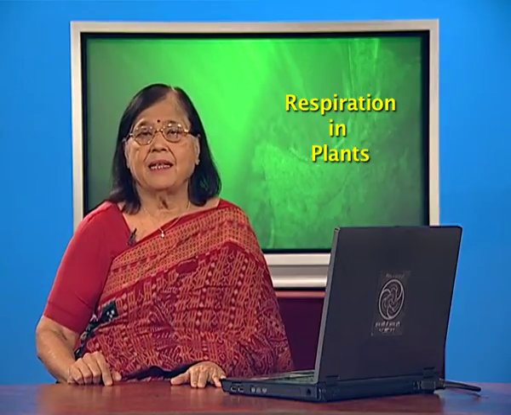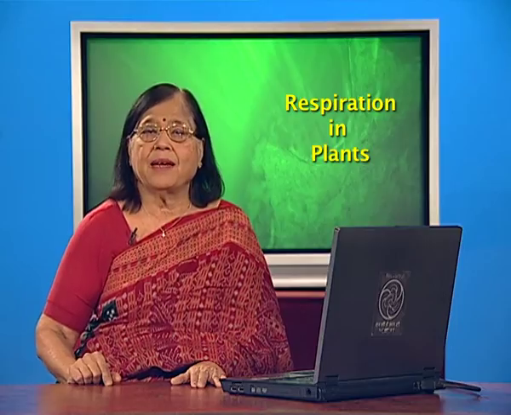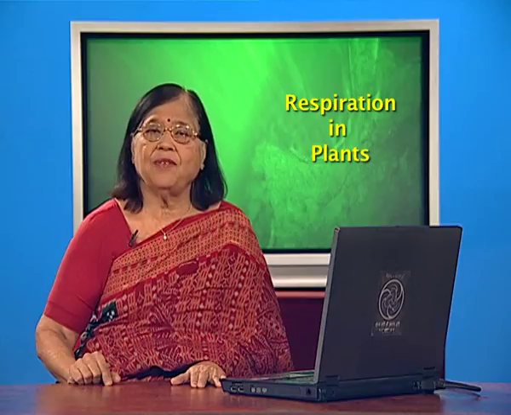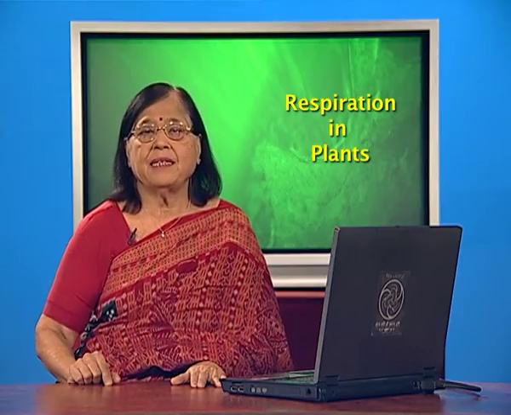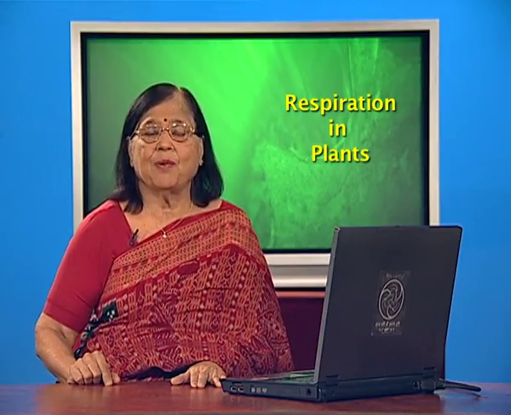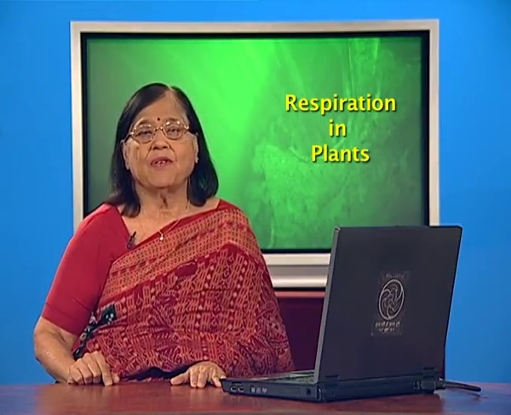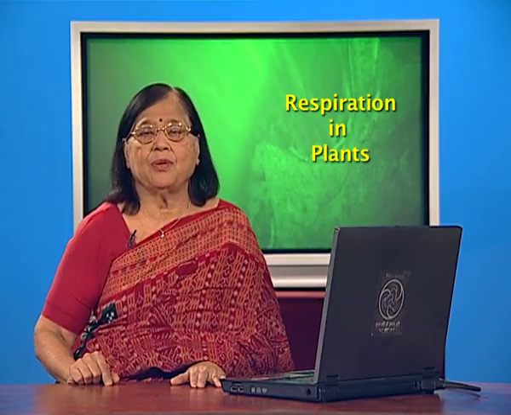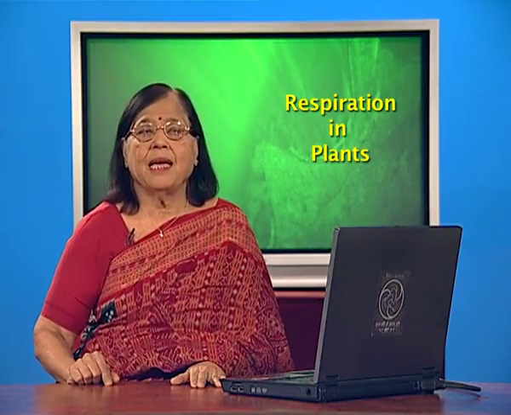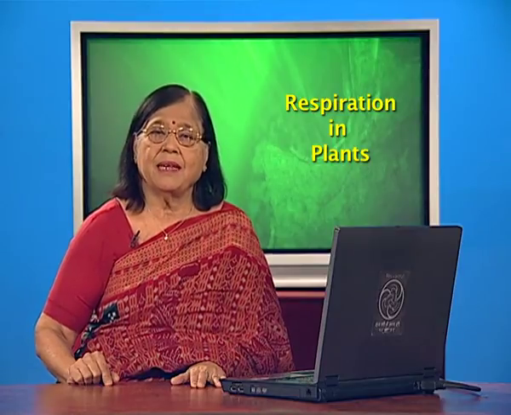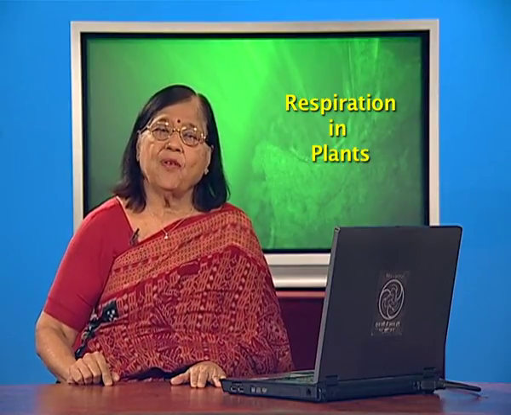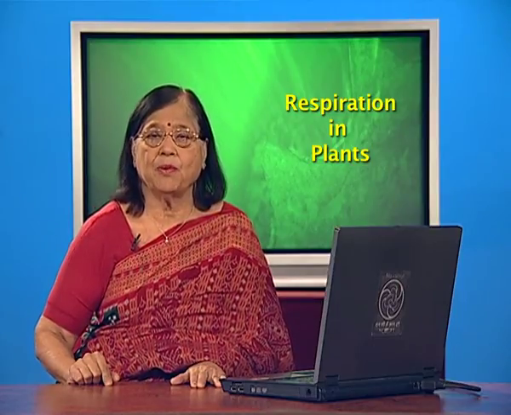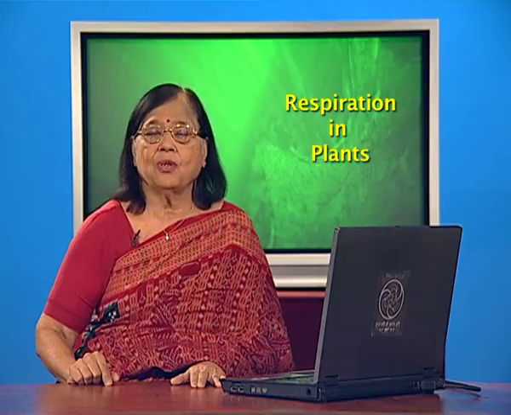Inside the cell there is mitochondria, where this oxygen will act on the food, which may be carbohydrate, proteins or fats, whatever food the plant prepared, and it will break it into glucose and fructose, and they will undergo glycolysis, and for that certain enzymes are needed at every step, which is a very complex process, and it goes on slowly.